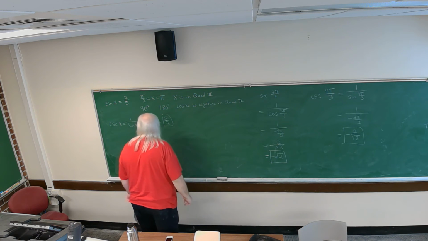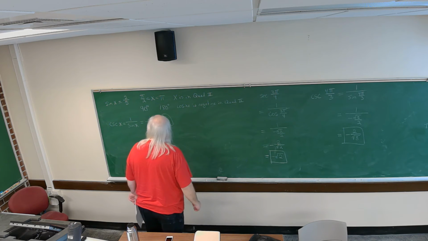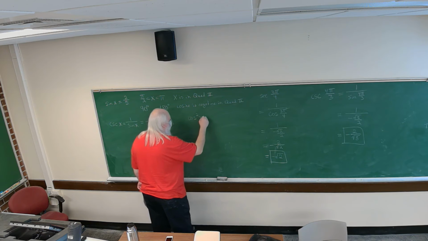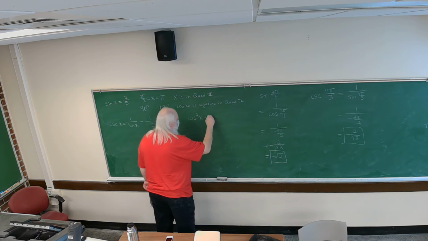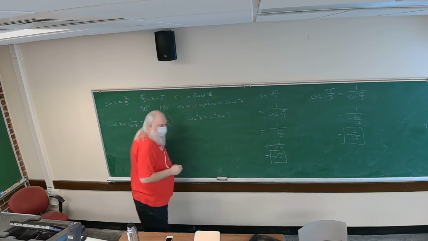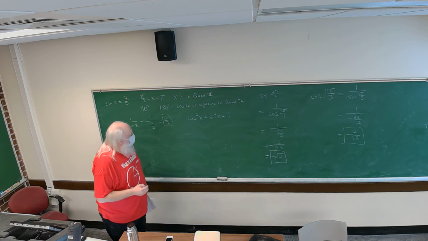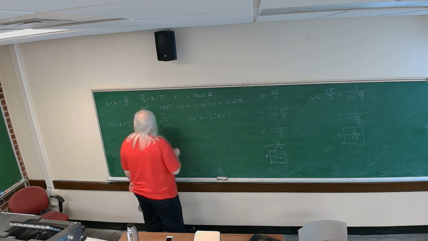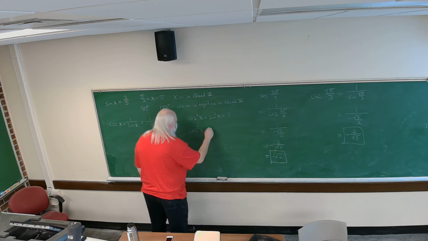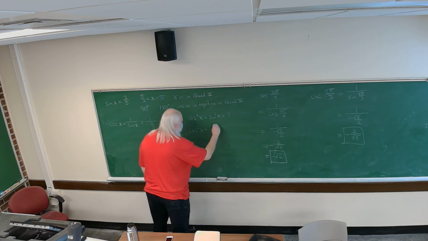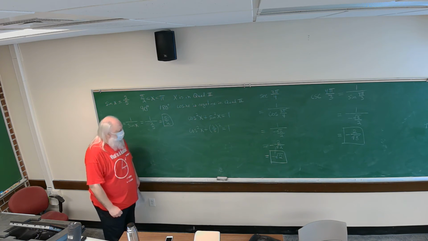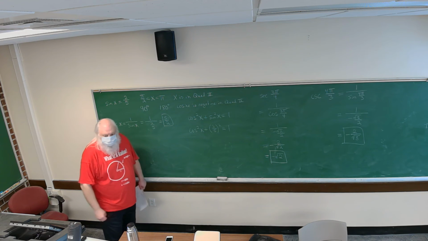So we can calculate the value of cosine using the Pythagorean identity. Cosine x squared plus sine x squared is equal to 1. So sine of x is 2/5. I put 2/5 in for sine of x. And then I gotta do the arithmetic.